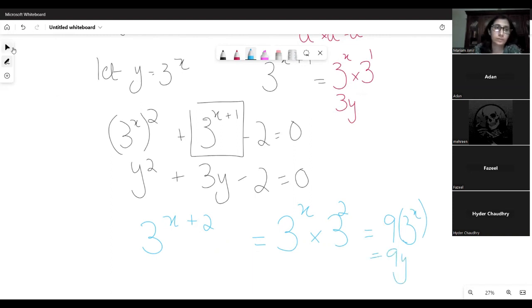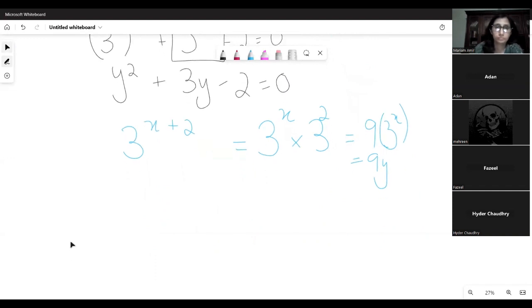Okay, what about 3 power 2x plus 1? What is this equal to? Still y is equal to 3 power x.